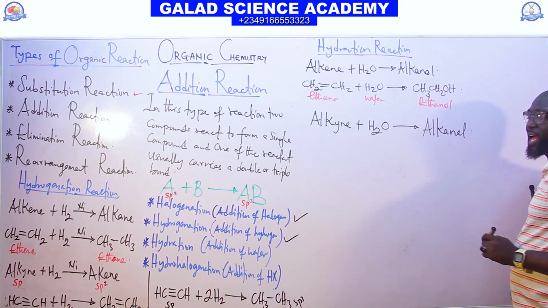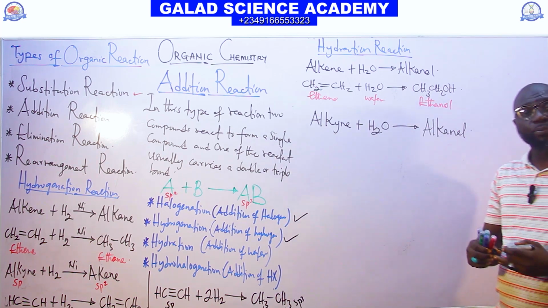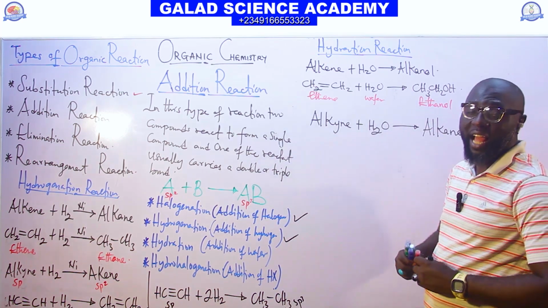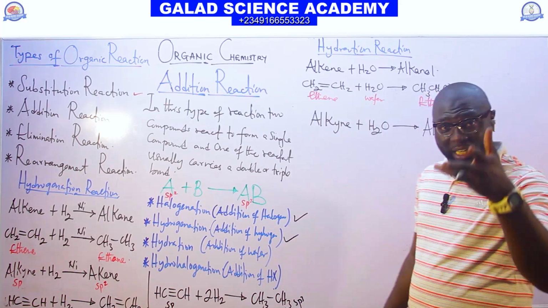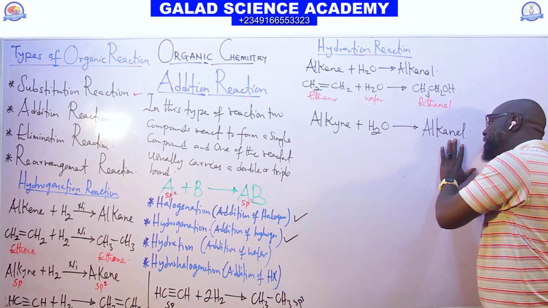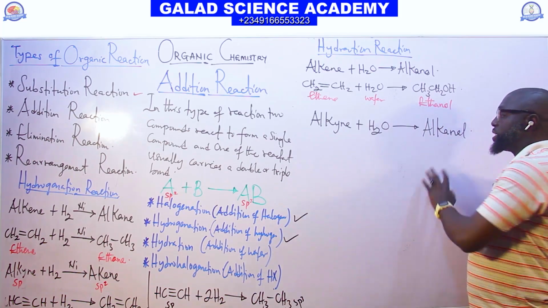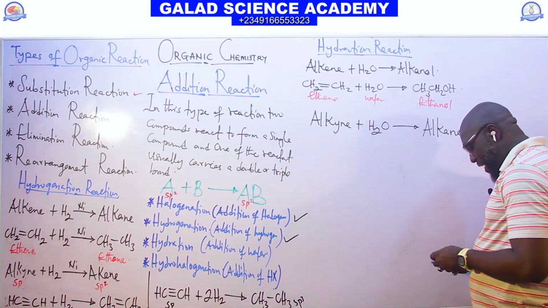But it will form an intermediate product called alkenol, which undergoes tautomerism to form alkanal.